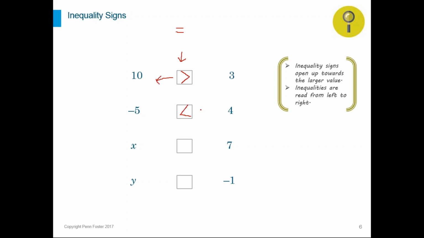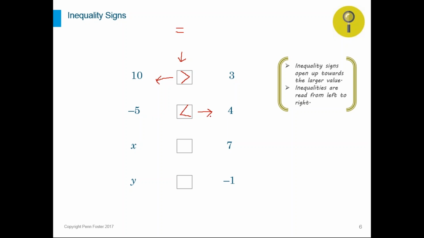The same thing with the second one. This sign opens up towards the greater value, which is 4. Now, how would we read the signs? We read the inequality statements from left to right. So we will read it as 10 is greater than 3. And the second one, -5 is less than 4.